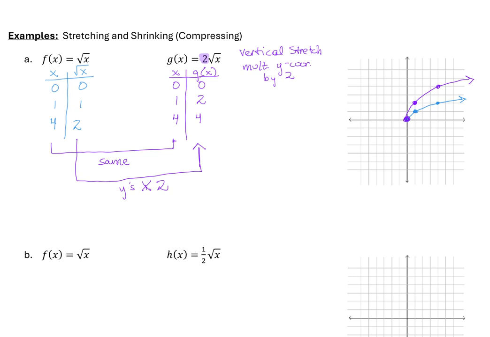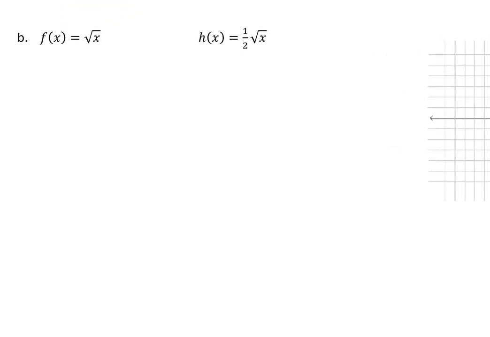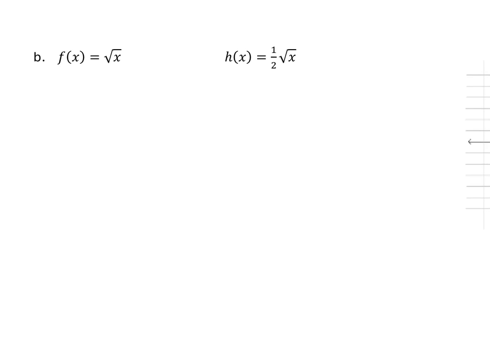All right, let's look at one more example of the vertical stretching and compressing. Let's come down to example B. We still have our same parent function. We're still going to plug in 0, 1, and 4, and we still get 0, 1, and 2.